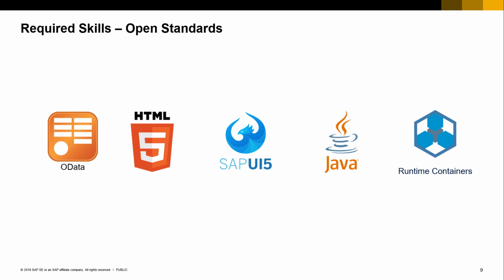The first and most important technology for existing ABAP developers to understand is OData. OData, short for Open Data Protocol, is an open protocol to allow the creation and consumption of queryable and interoperable RESTful APIs in a simple and standard way. SAP UI5, which is the technology backbone of the SAP Fiori user experience, natively consumes OData.